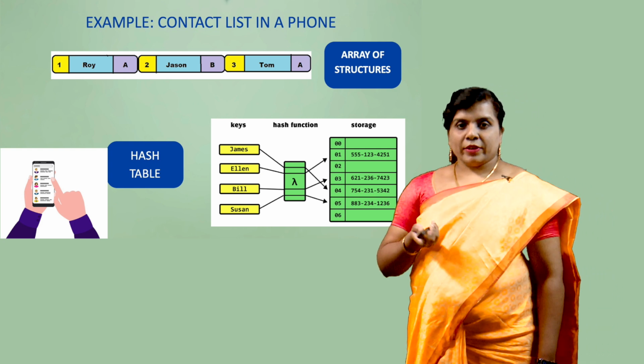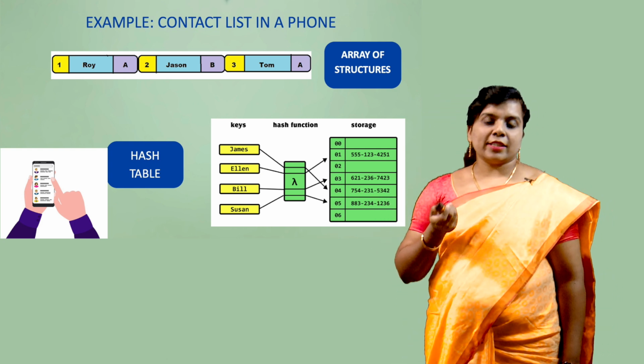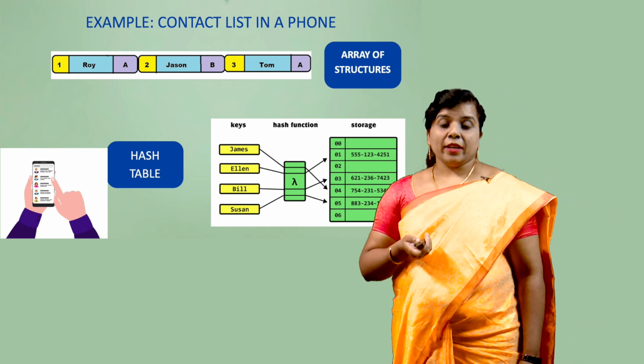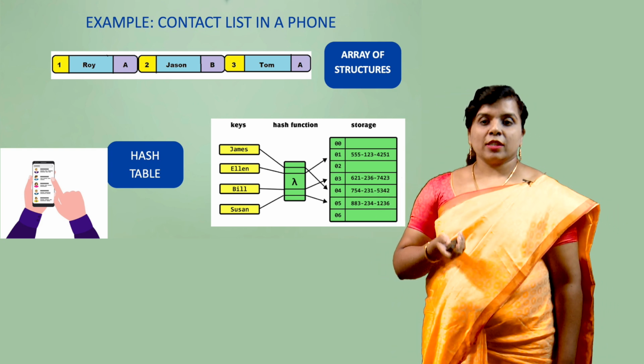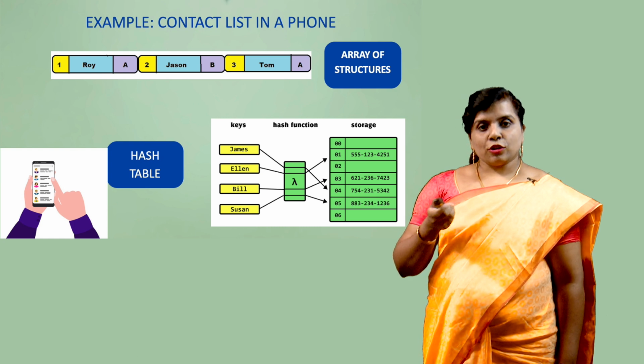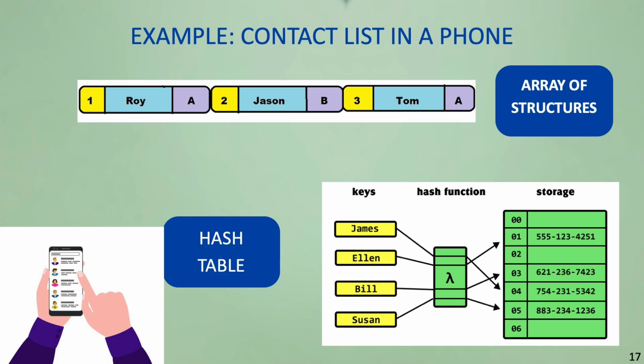When we talk of its advantage, its implementation is very simple, but search time may be more, because if this list is not sorted, then in order to locate a particular contact, I may have to traverse the list from the beginning till the end, and that may take more time if the number of contacts is huge.